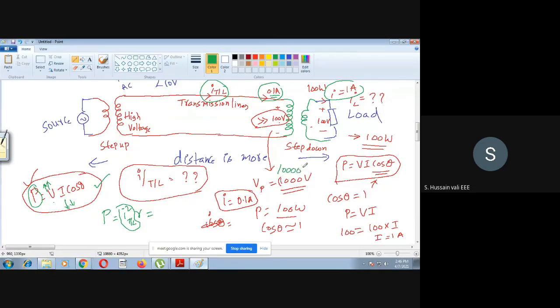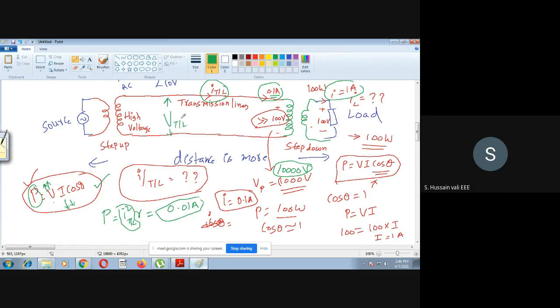Now you make this voltage some 10,000 volts this time. Just for example, 10,000. If you make it 10,000, then the current in the transmission line becomes 0.01 ampere. So the current further decreases. I will say this is the transmission line voltage, VTL.